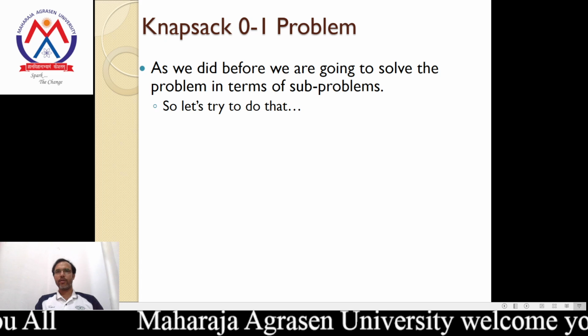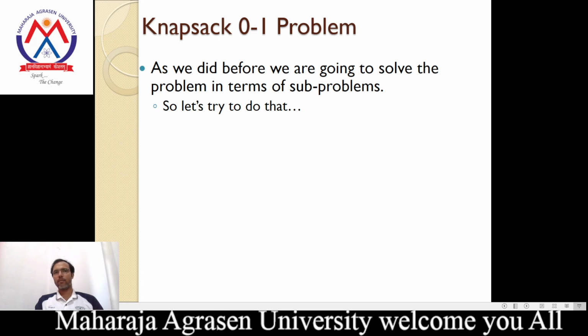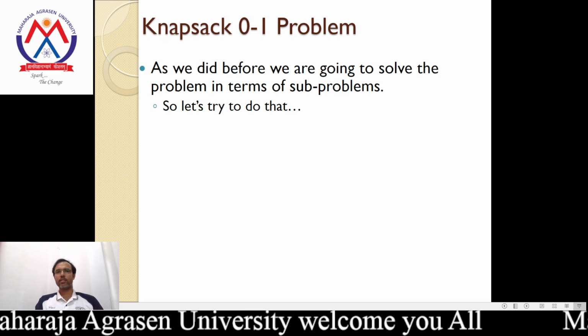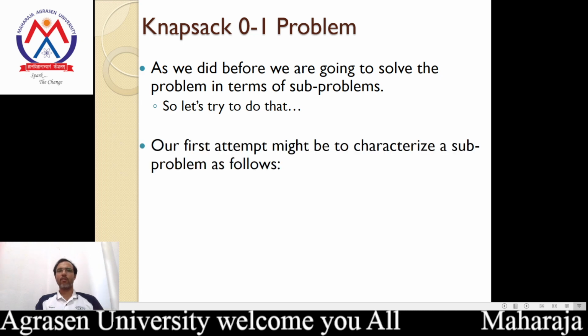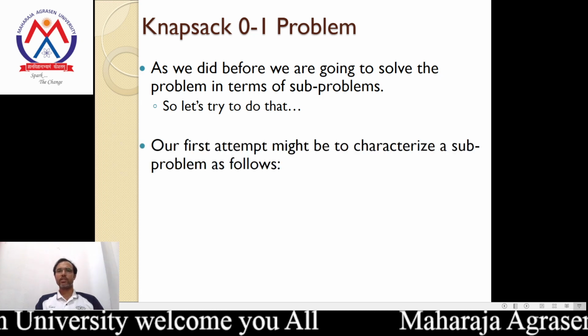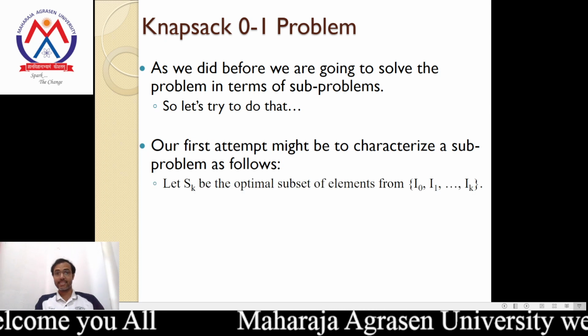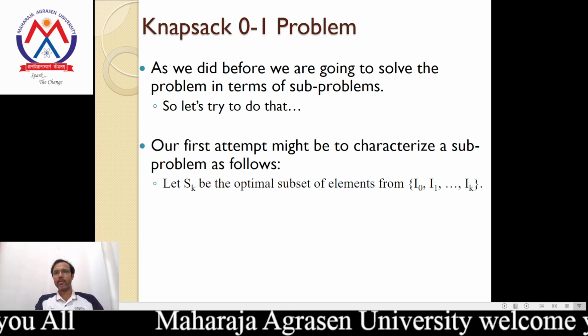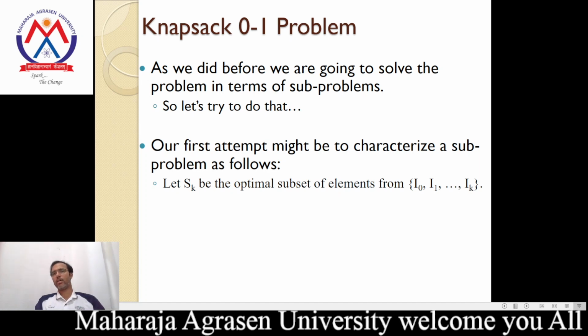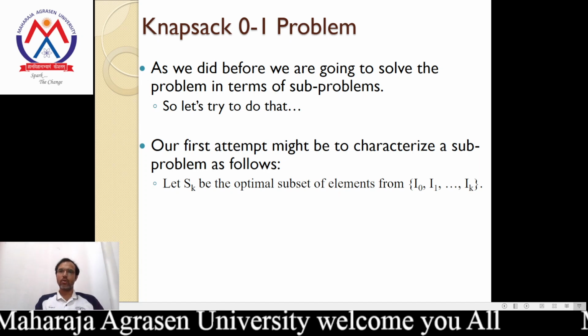As we did before, whenever we have to solve a problem, we make a sub problem of it. Our first attempt is to categorize the sub problem as follows. Let Sk be the optimal set of the elements I0 to Ik.